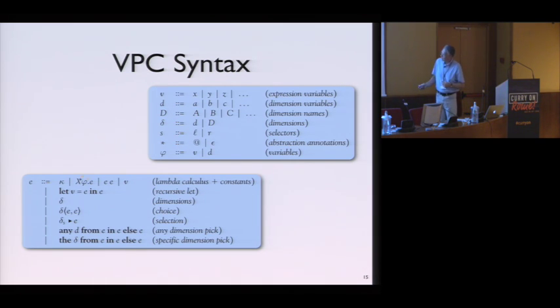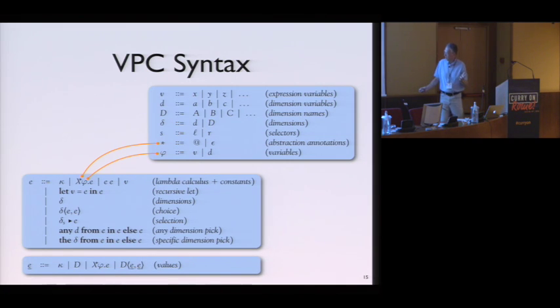And then most interestingly maybe is the abstraction here, which allows us to abstract not only over expressions, but also over dimensions. So we can really compute with variability. And then we have this annotation here, which allows us to block choice distribution for parameters if we so desire. The values are defined in an obvious way, but choices are also values, and dimensions also.